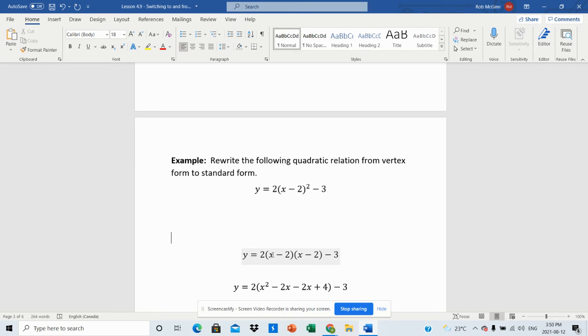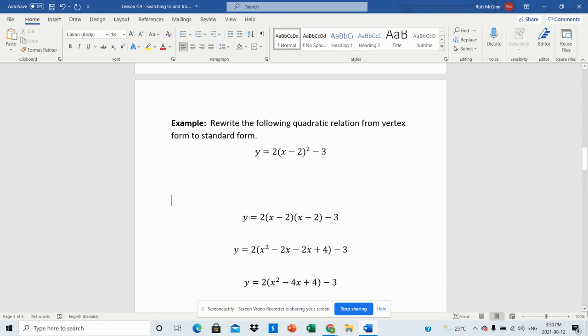So we're going to start with our first, x times x is going to be x squared. X times minus 2 is minus 2x. Minus 2 times x is minus 2x. And minus 2 times minus 2 will become positive 4. And then we still have our minus 3 outside the brackets.